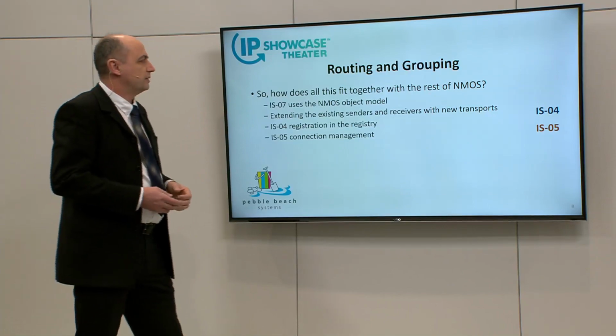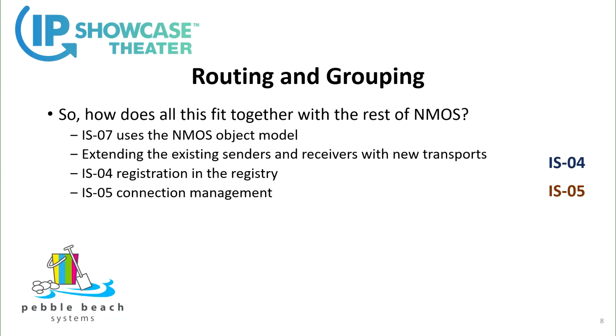An added benefit of IS-07 is that it is based on top of IS-04. So it has the same sources, flows, senders, and receivers as the RTP transport has, and they all get registered in the NMOS registry. Also, IS-05 connection management sits on top of that, and all the connections are basically managed with IS-05.